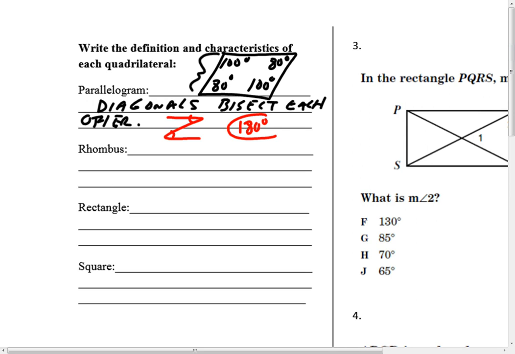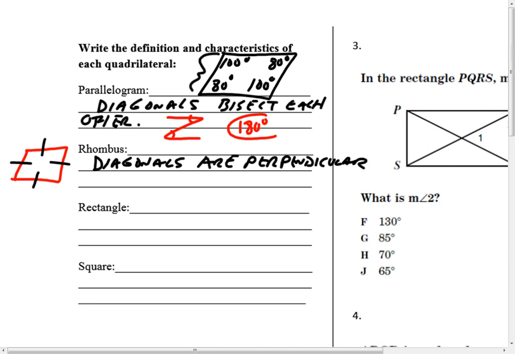When I think of a rhombus, this is what I think of. I think of a series of drawings. I think of what it looks like without any diagonals. It's got 4 equal sides. And then I think about what it looks like with the diagonals. The diagonals are perpendicular.